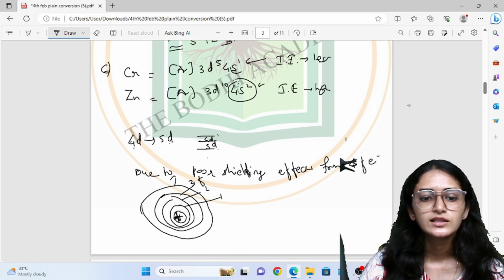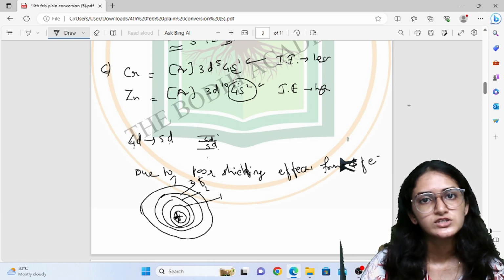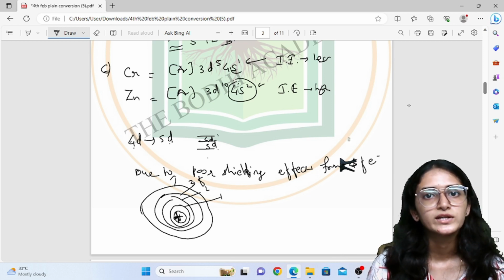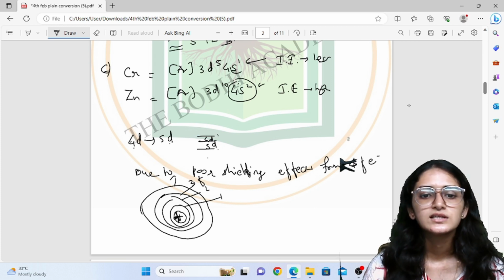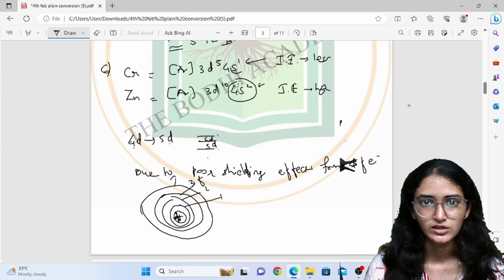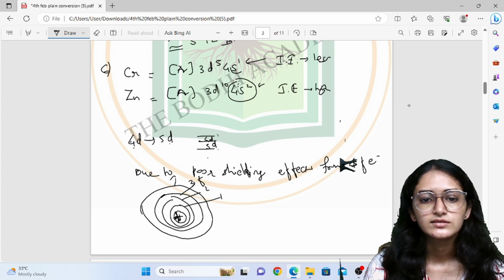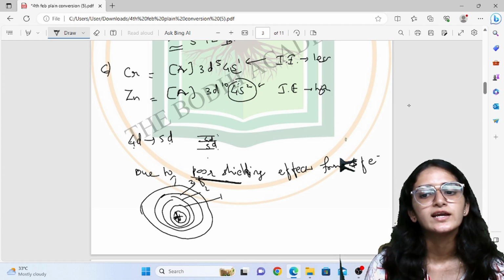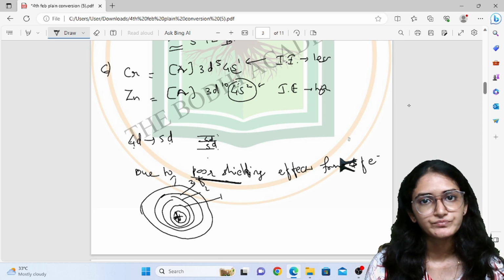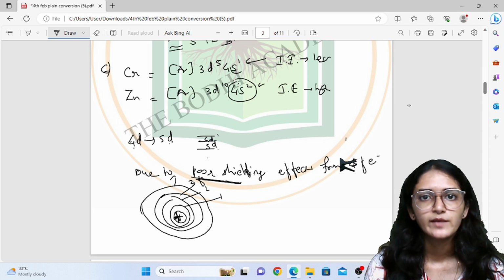The size does not increase, it decreases due to the attraction. The main reason is the poor shielding effect from f orbital electrons. This is an important concept from this chapter that is going to come.